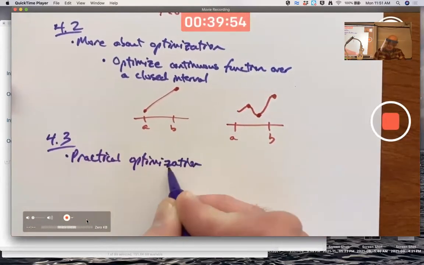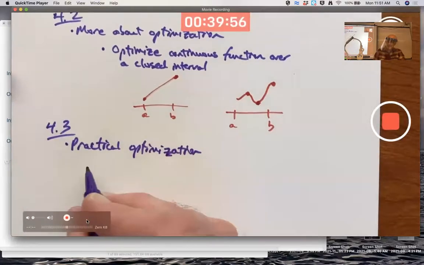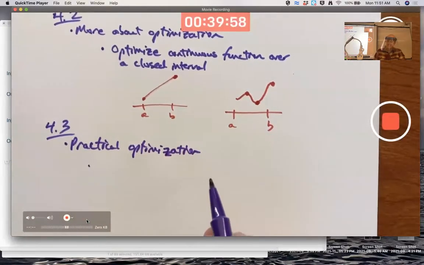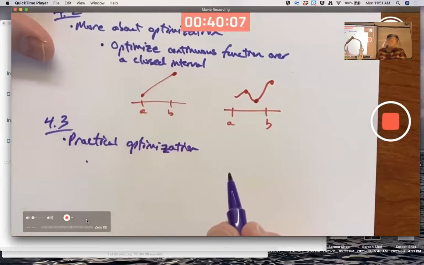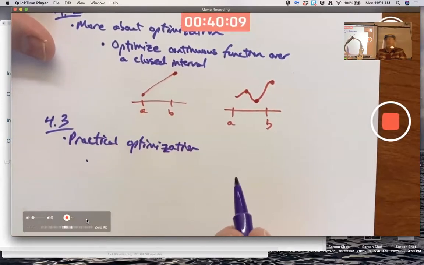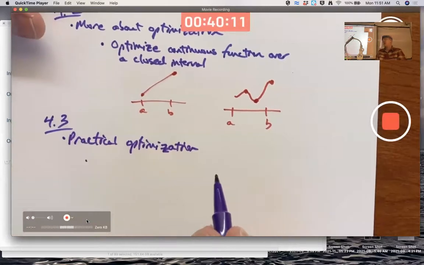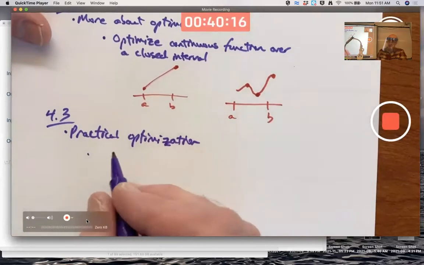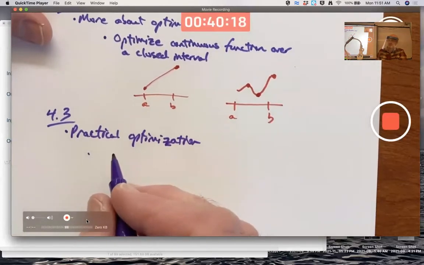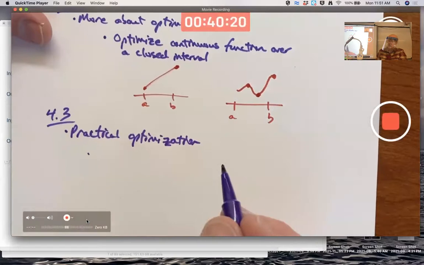So, the most common example that we did was geometric problems, like maximize an area for a fixed perimeter, or maximize a volume for a fixed surface area, or minimize a surface area for a fixed volume, like for a cylinder. I think that's the practice problem I do on the exam, about a cylinder.